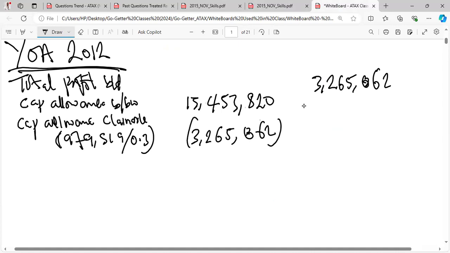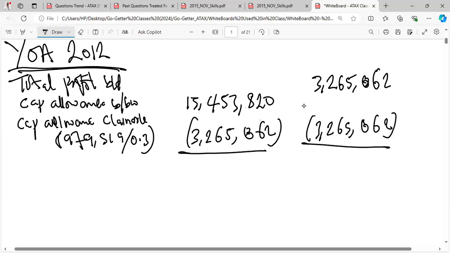So instead of doing this, just simply look at this figure here and check, is it bigger or smaller than this? Can it be claimed? So here, we're also going to do the same thing here. 3,265,062. So what happened here?